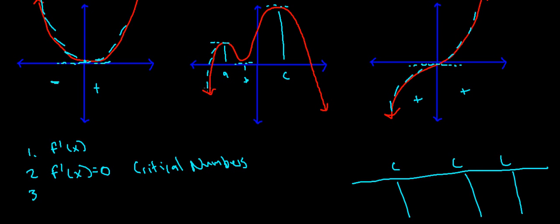So the slope is going in a positive direction, and then it slows down until it gets to 0, and then it becomes a negative slope. Let me call these A, B, and C, rather than critical number, critical number, critical number.